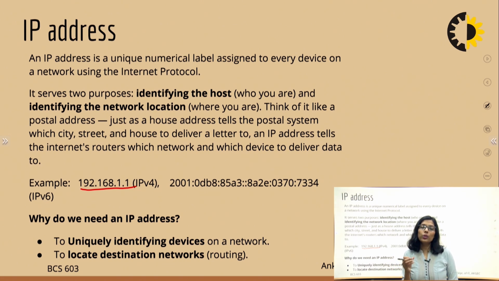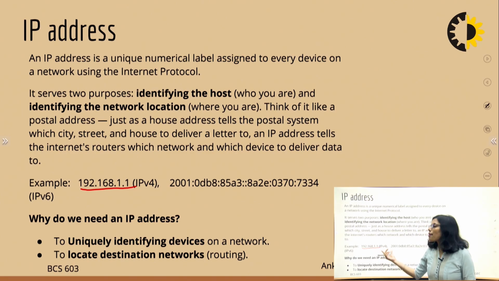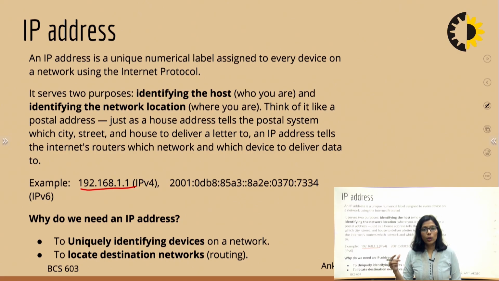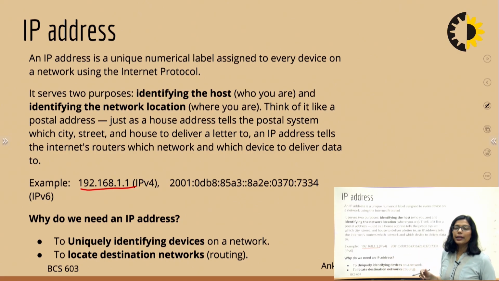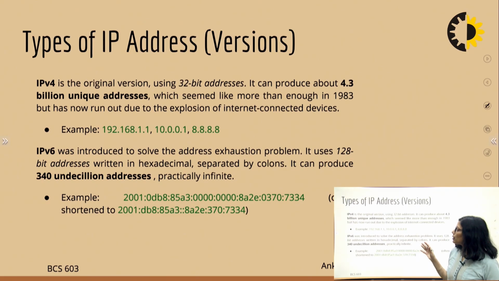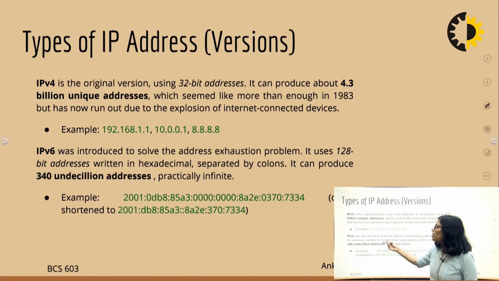One part of the roll number tells your course and college name, and the other part tells your serial number. In the same way, a part of the IP address depicts the network address, and the other part depicts the serial number of that node in that network. There are two types of addresses, as I have already told: IPv4 and IPv6.